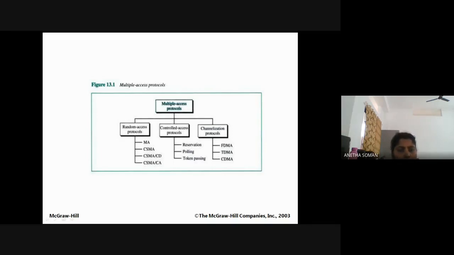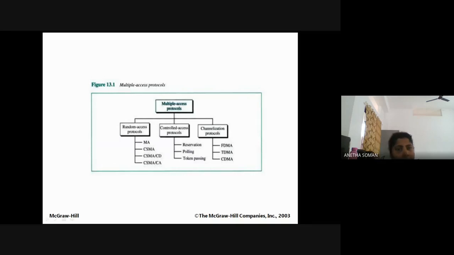And also, you don't have any specific rule that tells which station should send next. If many stations are there, there is no specific criterion that this station should send at a particular time. So what these stations will do is compete with each other to access the medium.